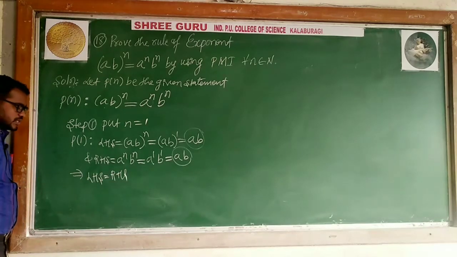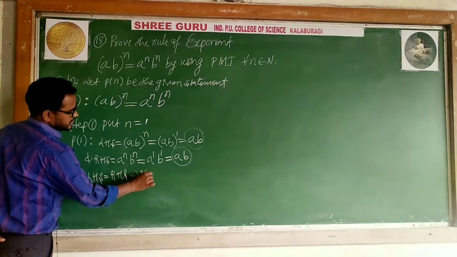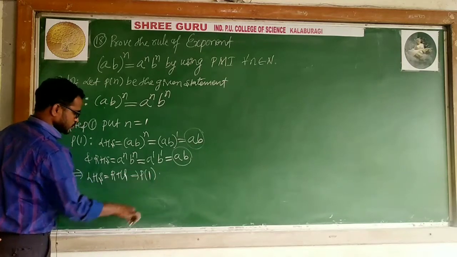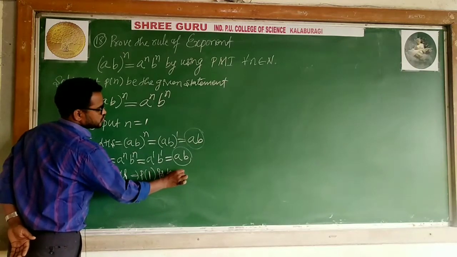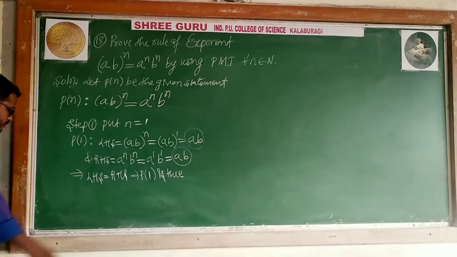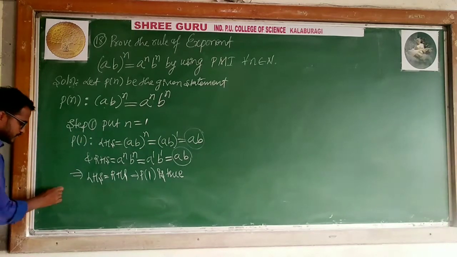So I can say P of 1 is true. Okay, step 1 we did. This is okay, AB is equal to AB. This is proved.